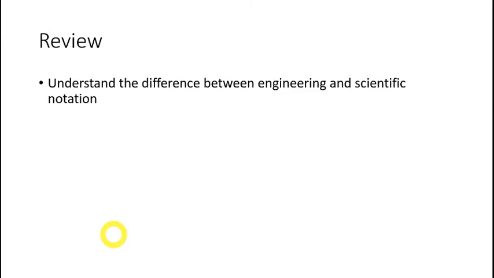Okay, let's review. Understanding the difference between scientific notation and engineering notation. Okay, so what is the difference between the two? Well, if we have a number 123.456 giga, that's going to be the same as 1.235 times 10 to the 11th power in scientific notation.